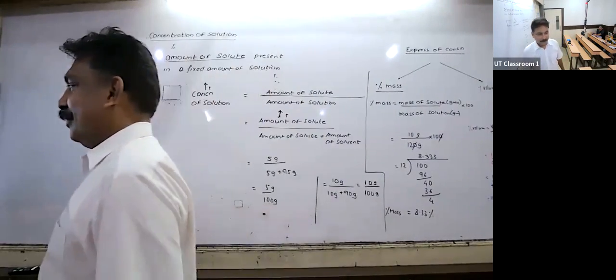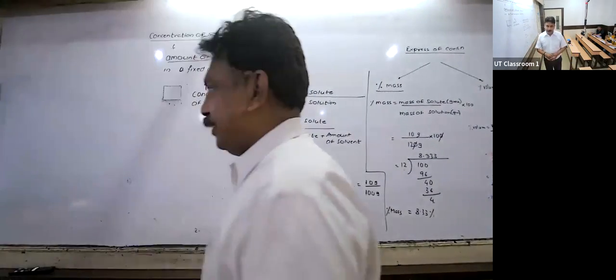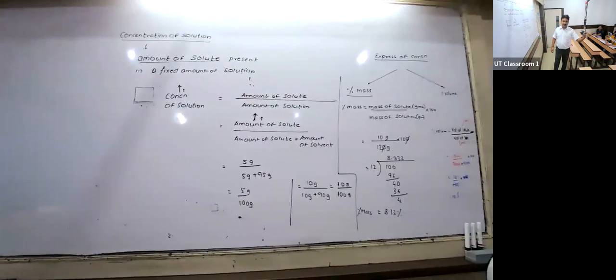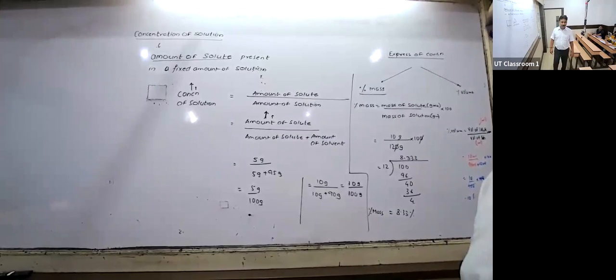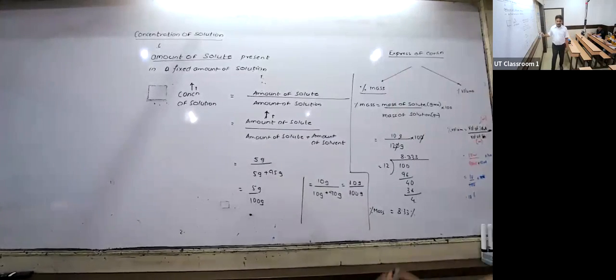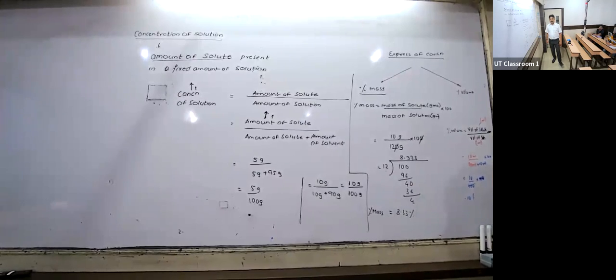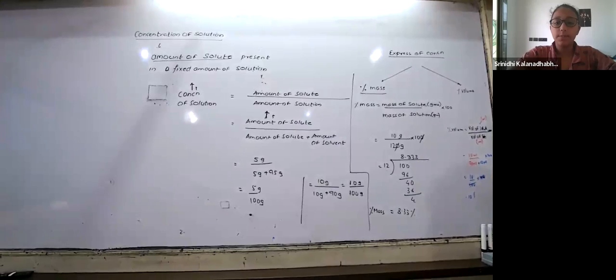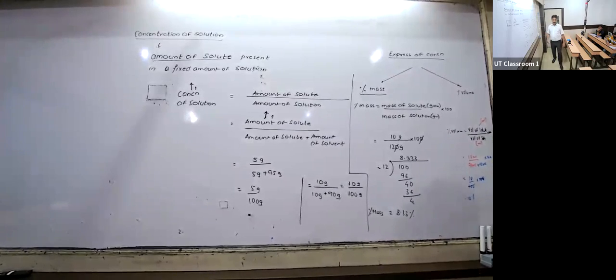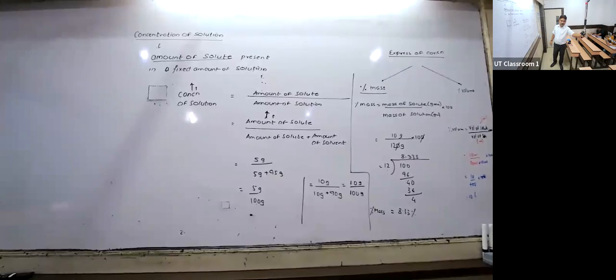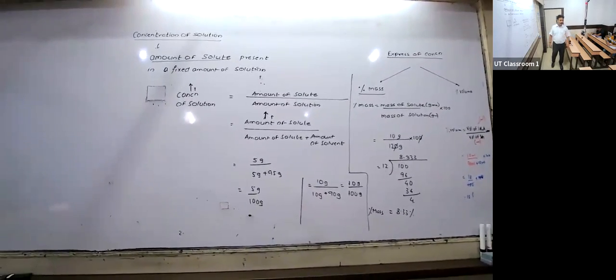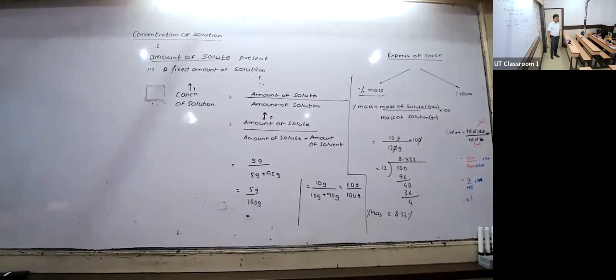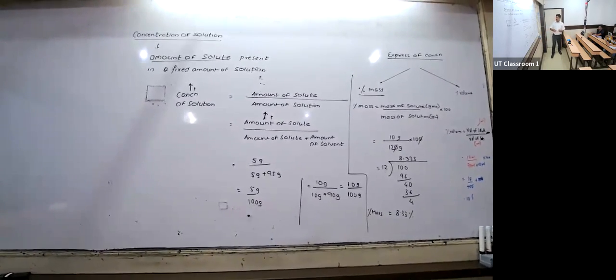Yes sir, done. Now you are able to see, so have you written this part? I wrote the mass part, sir, not the volume. That is what I am saying, when you cannot see, you tell me. Now you write on both. This is into 100.